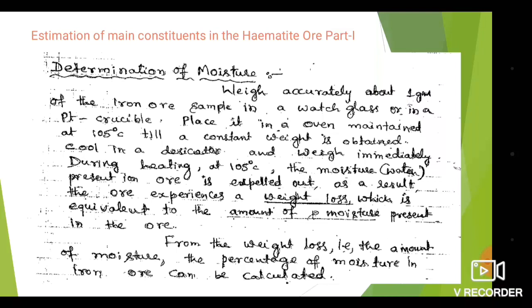Cool in a desiccator and weigh immediately. During the heating at 105 degrees Celsius, the moisture present in the ore is expelled. As a result, the ore experiences a weight loss which is equivalent to the amount of moisture present in the ore.